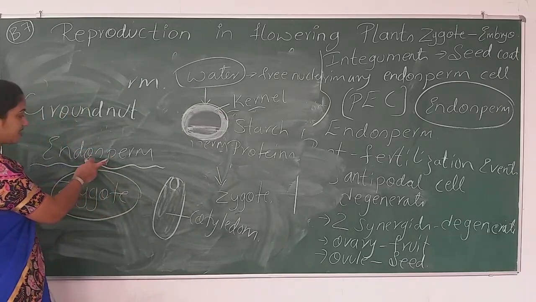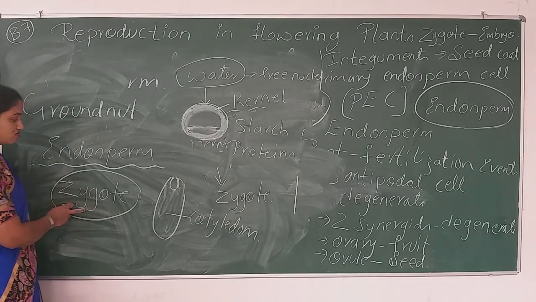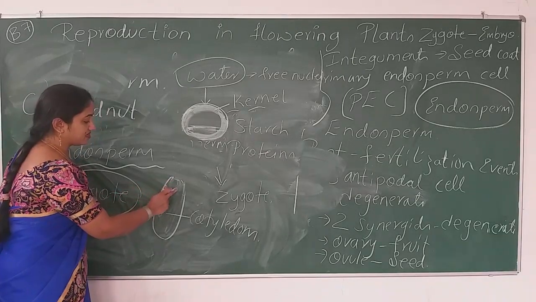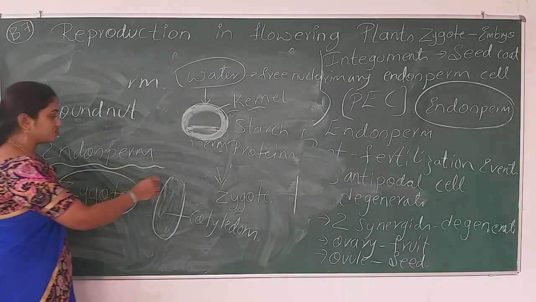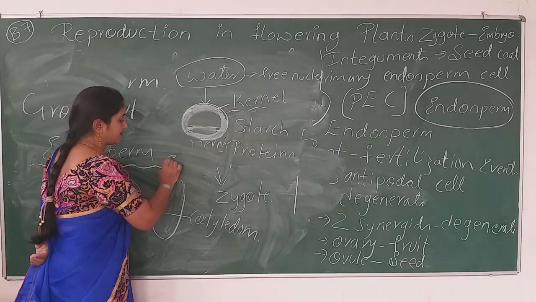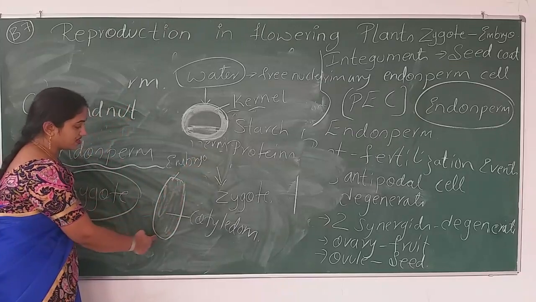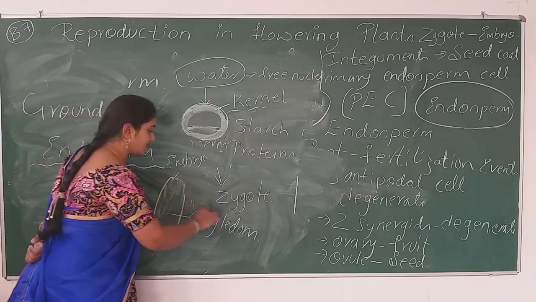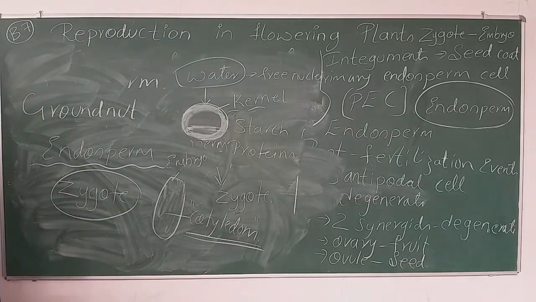So it does not have endosperm at all. The endosperm is completely consumed by the zygote. That zygote will be in this place. Don't call this a zygote. Please use the word embryo. And the embryo is surrounded by two cotyledons. Those cotyledons will be rich in proteins and vitamins.